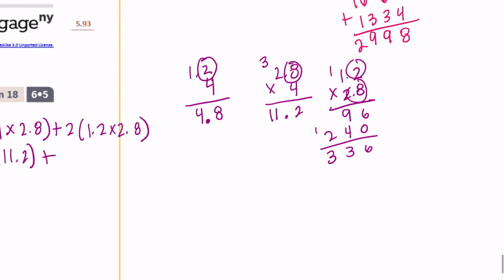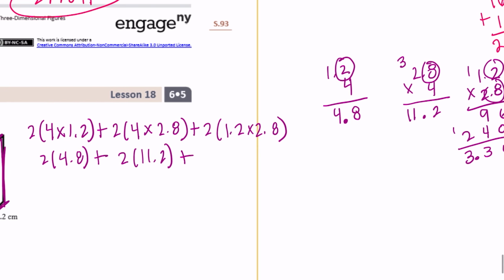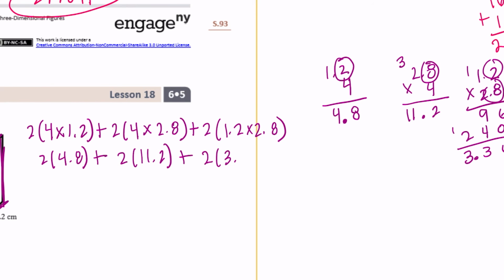Now we have 2 digits behind a decimal point, so I'll move it over 2 spots, 3 36 hundredths. So now we just need to double all of those.